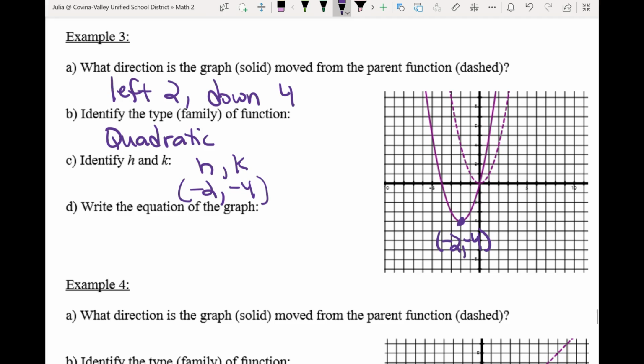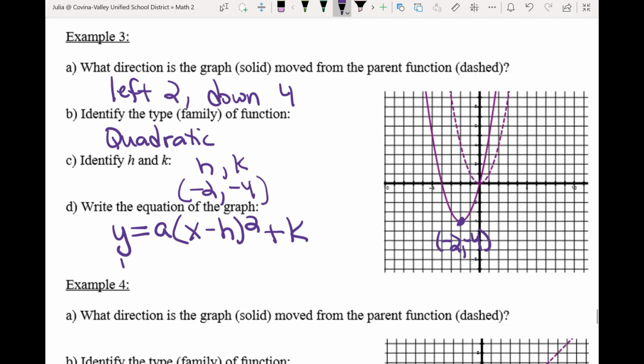Same as the vertex of the new graph. All right, we're going to start filling this in. The only other thing you have to look for is if your graph is ever going upside down, that means your very first is negative. So I'm going to write it out first. Some of you might be to the point where you don't need to do that, but I'm going to write it out. That one has to have the squared and then plus k.